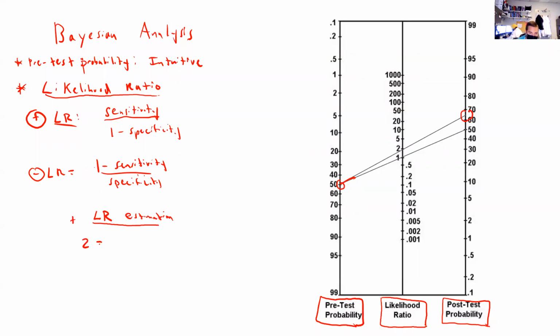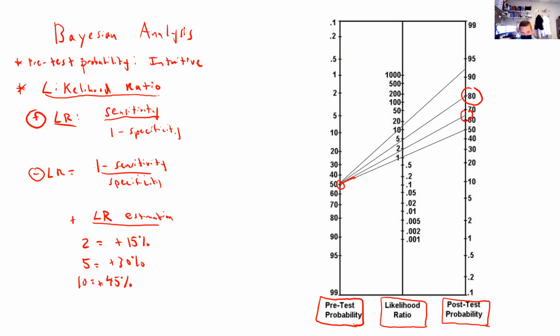So 2 equals plus 15%. A likelihood ratio of 5 for that physical exam finding, if it's present, increases by about 30%. So you see it went from 50% to 80% right there. And 10 goes up about 45%, roughly.